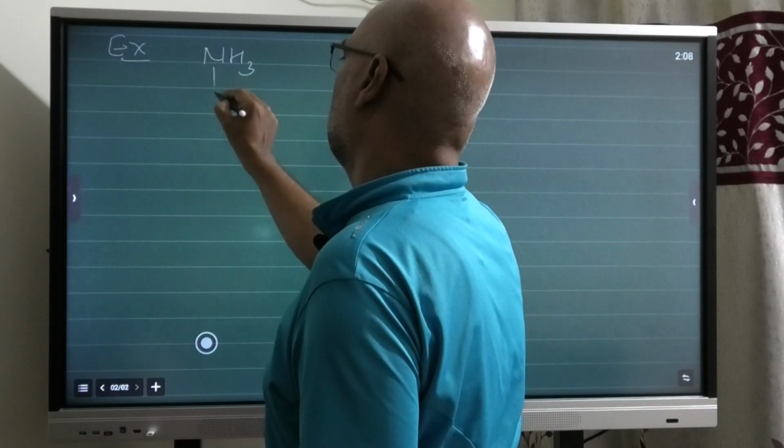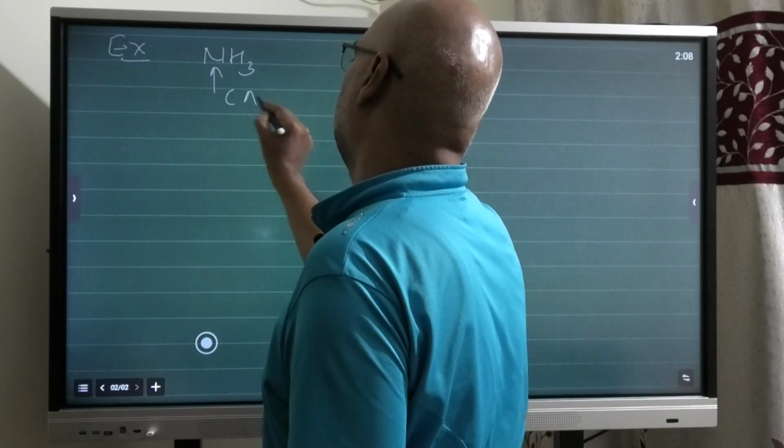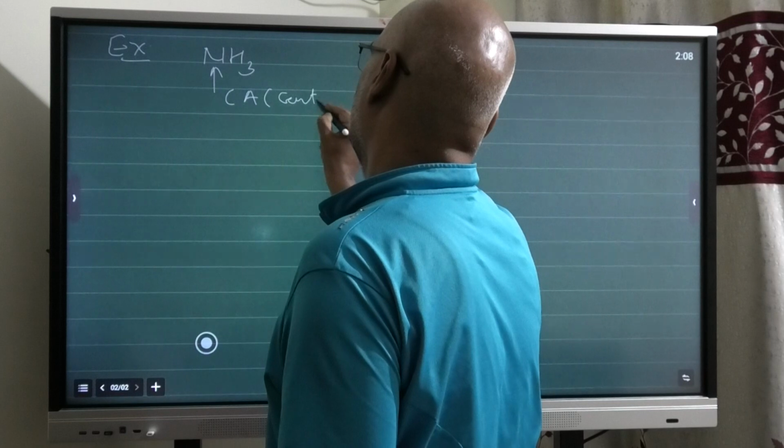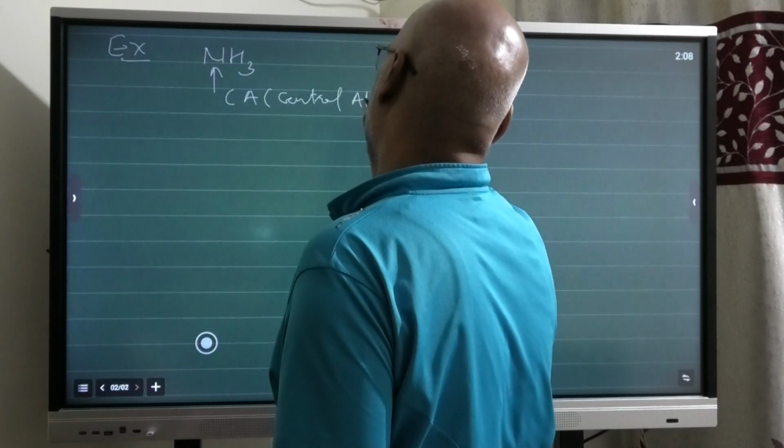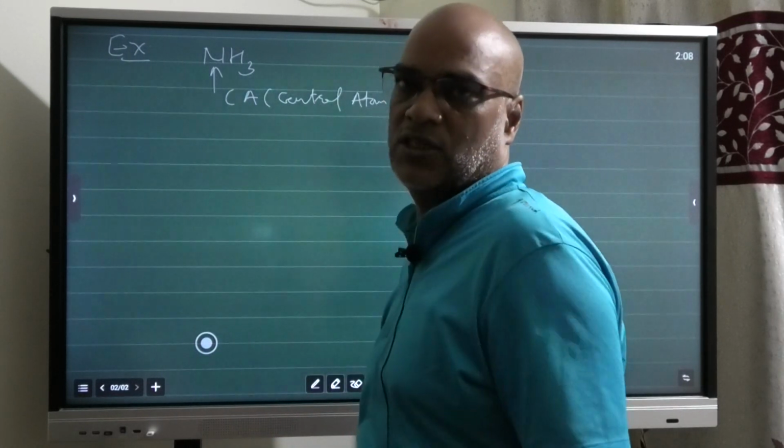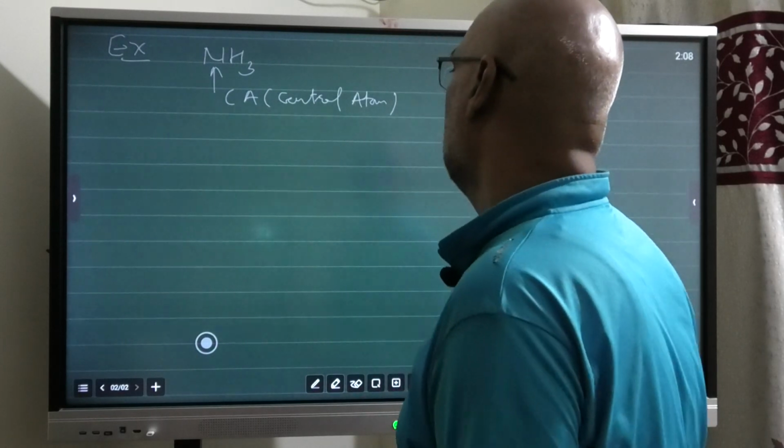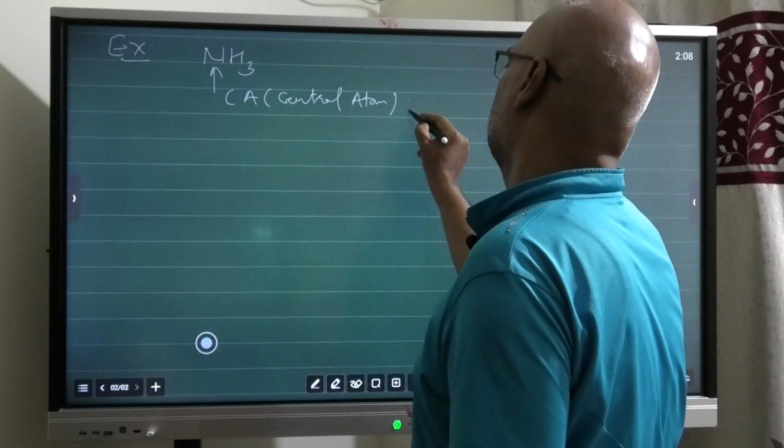Here nitrogen is the central atom, CA in short. So what is the meaning of central atom?